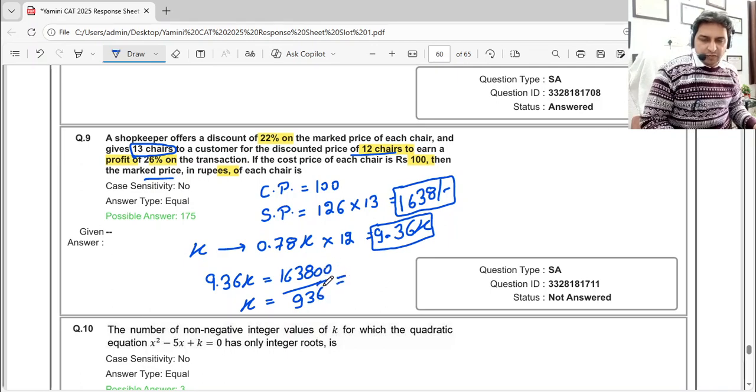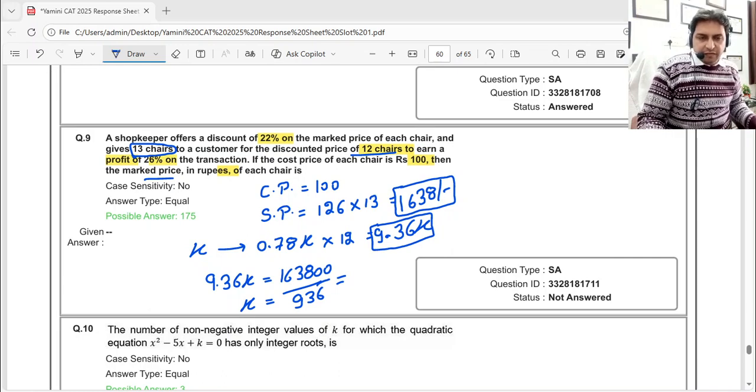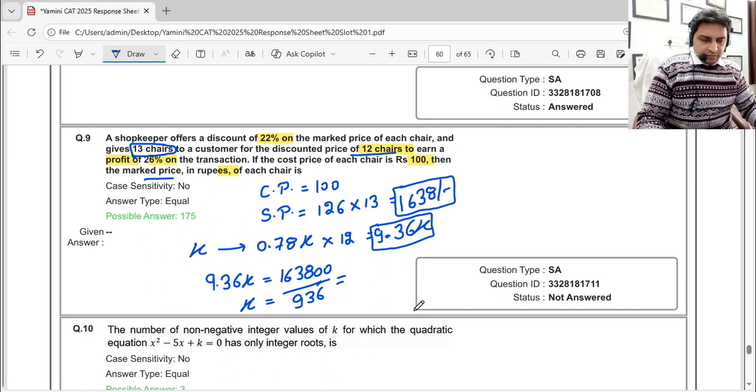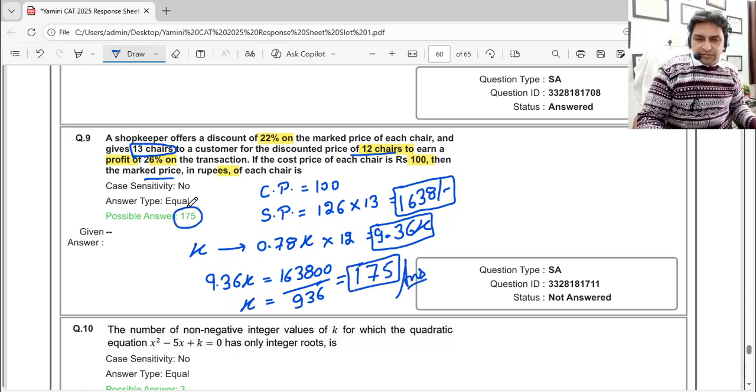On the calculator, this comes out to be exactly 175. So that is the answer.